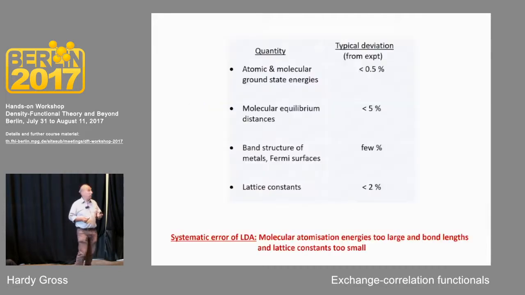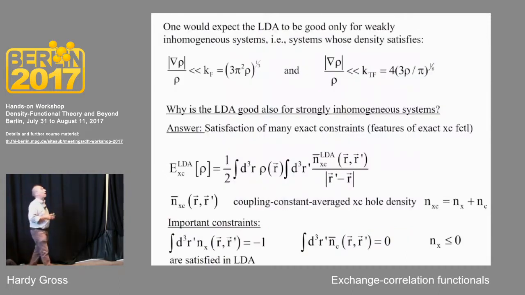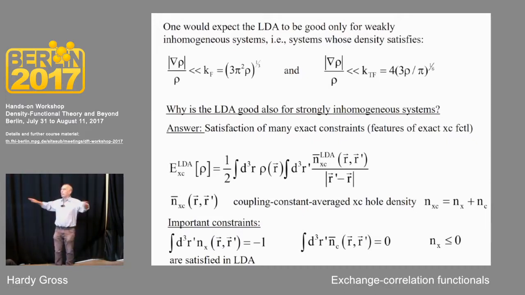Nevertheless, these numbers, if you think about how crude and how simple this approximation is, it's kind of surprising. So naively, one would expect that the LDA works well only for systems that are weakly inhomogeneous. Clearly, for a homogeneous system, it becomes exact by construction.